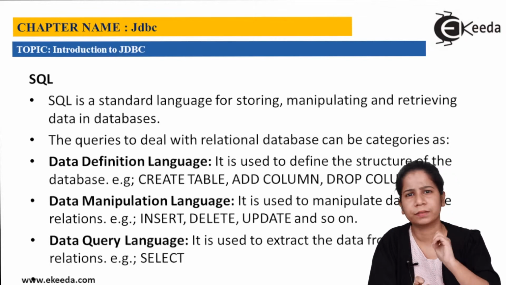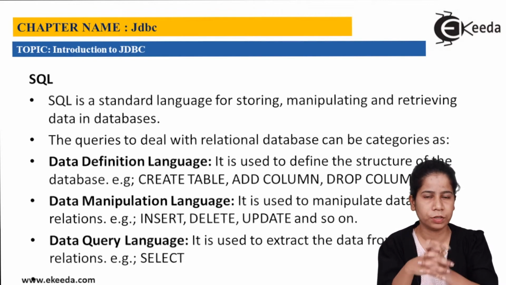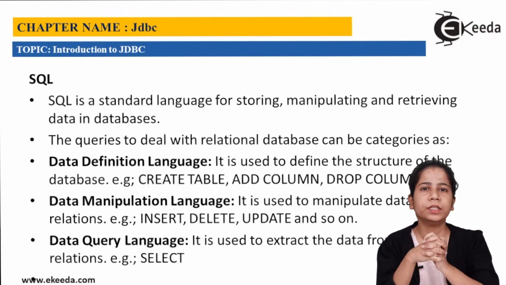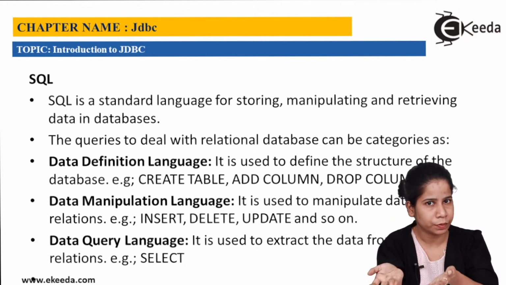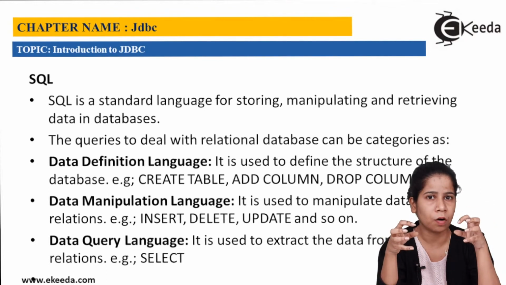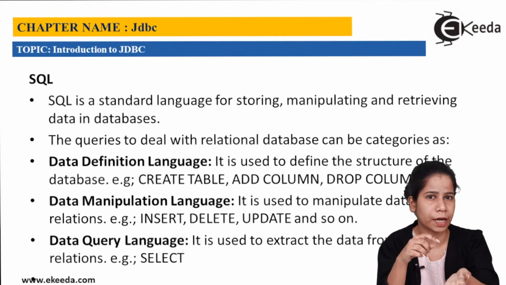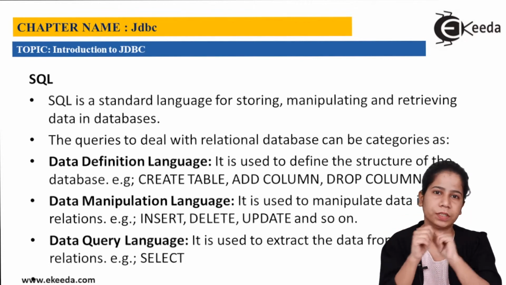Now what do you mean by that? Basically, if I want to store data, first of all you need to create a structure, you need to define the data type, you need to define how much size, and all the constraints related to that kind of data. So basically you are building a definition of the data.